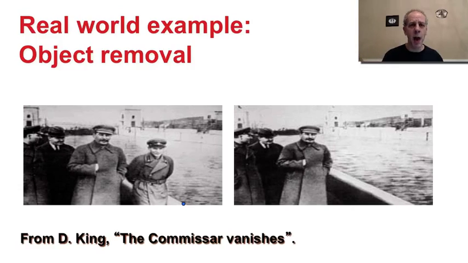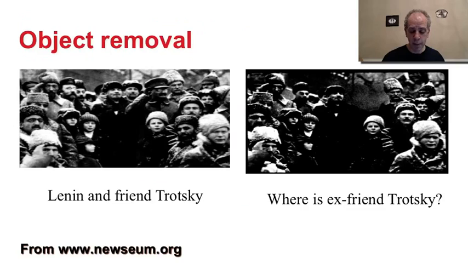I showed you a few examples of objects that need to be removed in the movie industry. Here is yet another example from this era, where we see a picture of Lenin, and next to him there is Trotsky, and here Trotsky has been removed from the picture.